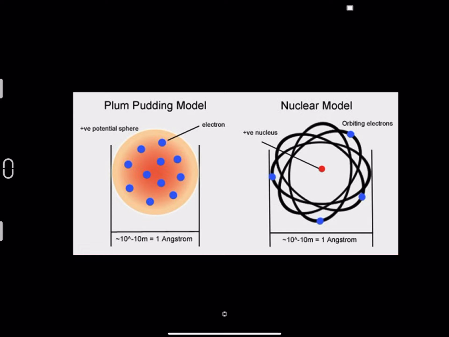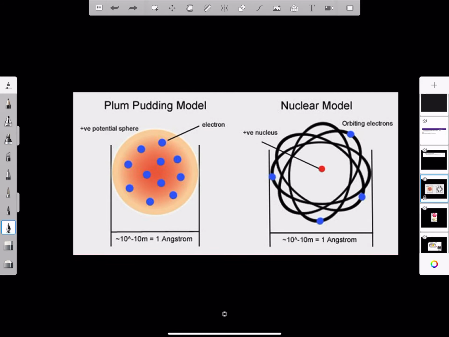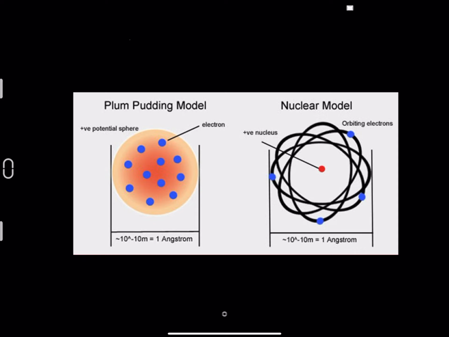The plum pudding model was the first model. Then via the scattering experiment, we moved over to the nuclear model. So let's focus our attention on the plum pudding model.